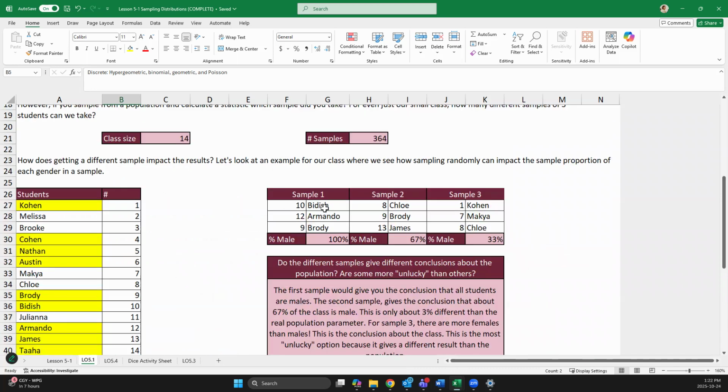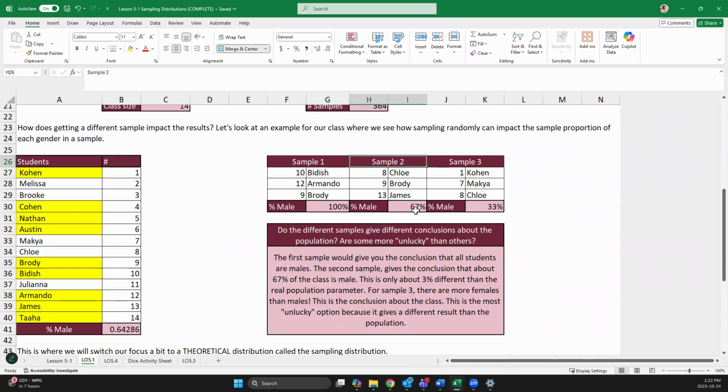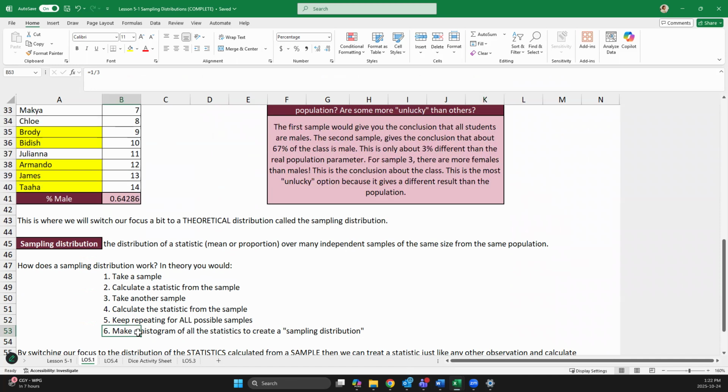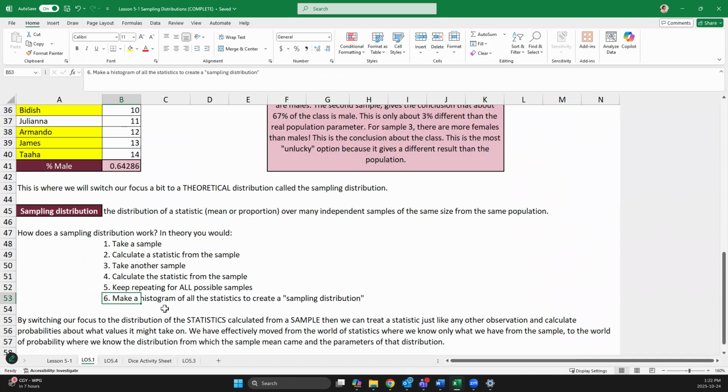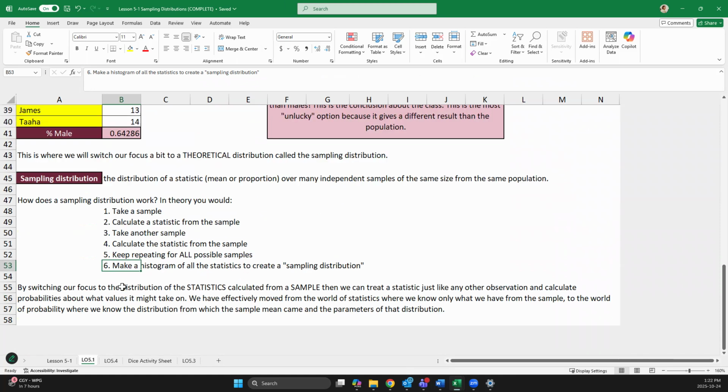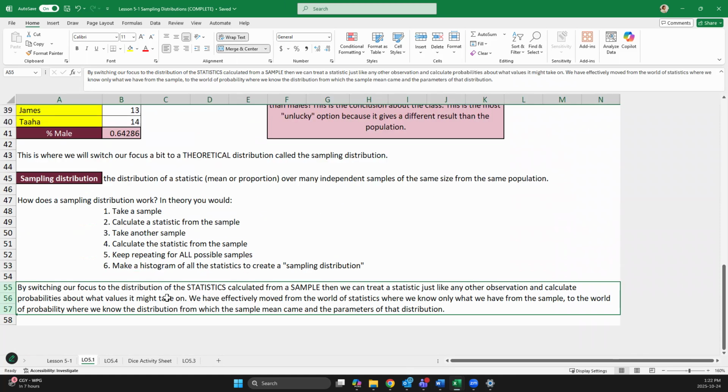Once you focus not just on a single value from one sample, but you think about the values from all of the samples put together into a histogram, or into a sampling distribution is what we call it, then we can calculate probabilities from that distribution to figure out how likely something is to happen.